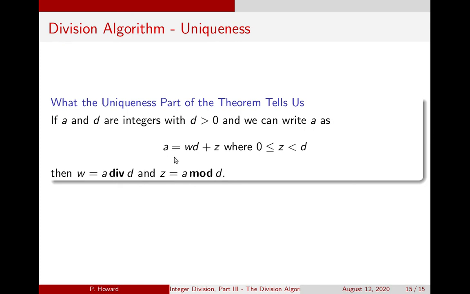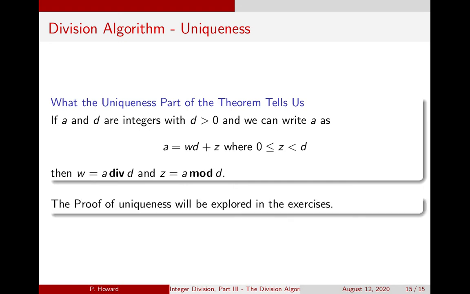Right, w must be the quotient when you divide a by d, and the z must be the remainder. We'll look at completeness in the exercises.